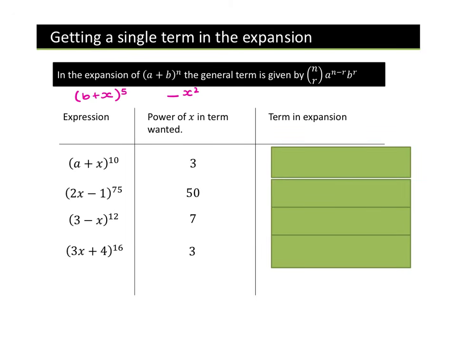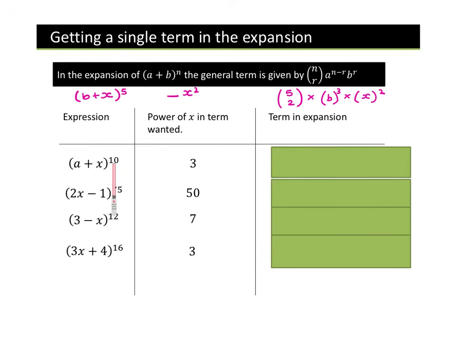When I have x squared, x starts at 0, 1, 2. So this is the third one along, isn't it? So this is going to be 5 choose 2, because remember it goes 0, 1, 2, multiplied by, and remember, we want this squared, we know the powers have to add to 5, so then we're going to have b to the power of 3. So this is the formula for the expression which is going to give us the coefficient of x squared.